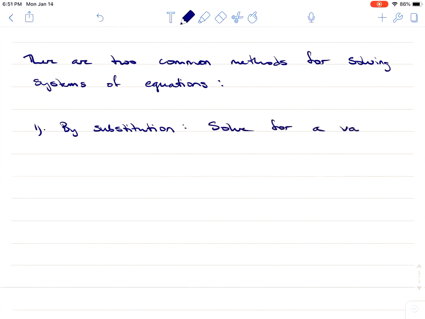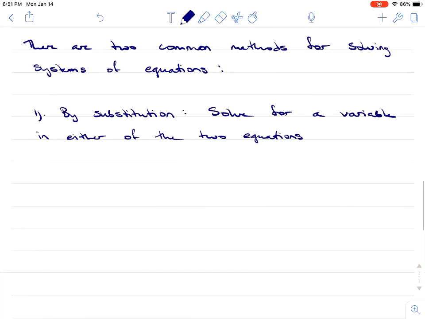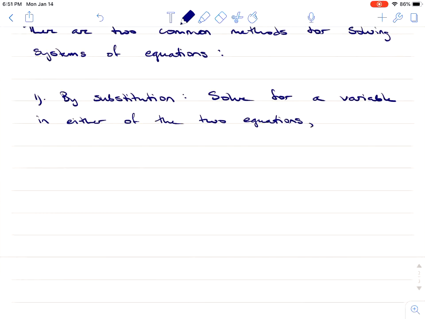Solve for a variable in either of the two equations. Then substitute, hence the name, by substitution.